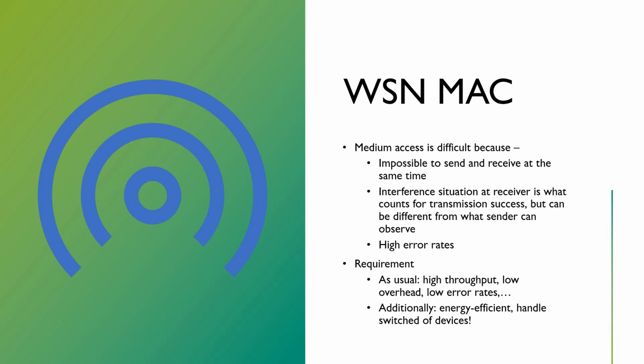Energy efficiency is the most important constraint because the nodes are usually disposable. A large number of nodes needs to be created, and as the number is huge, it is even more impossible to replace those batteries.